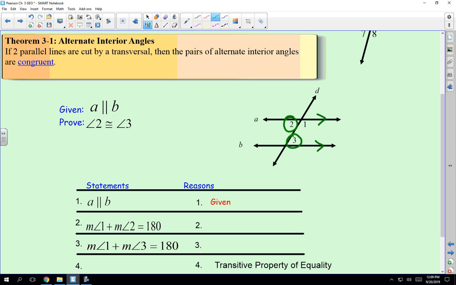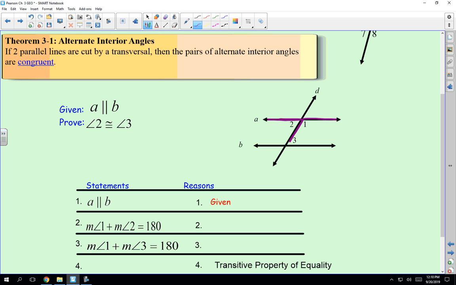This goes back to last chapter. Angles 1 and 2. Angle 1 is this guy right here, and angle 2 is this guy right here.